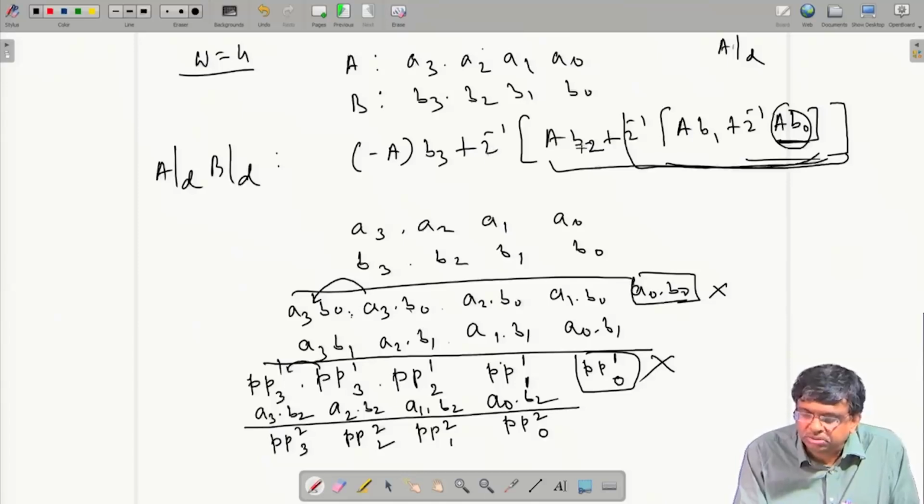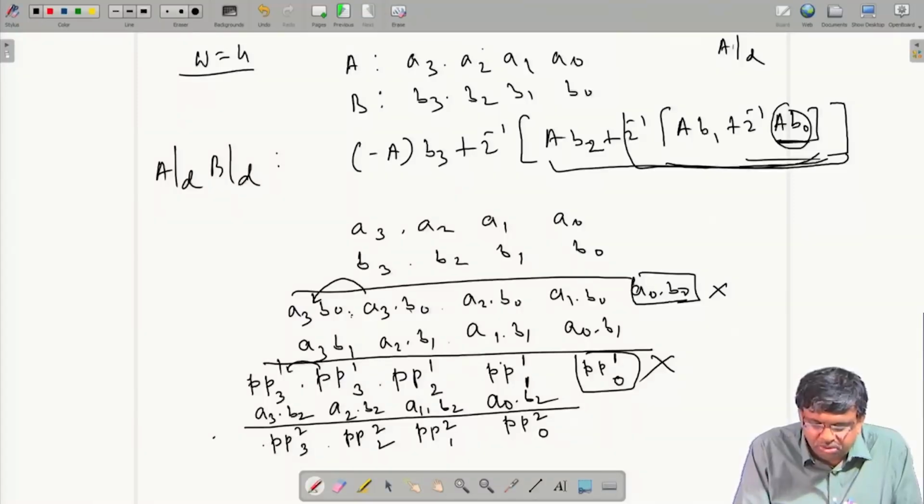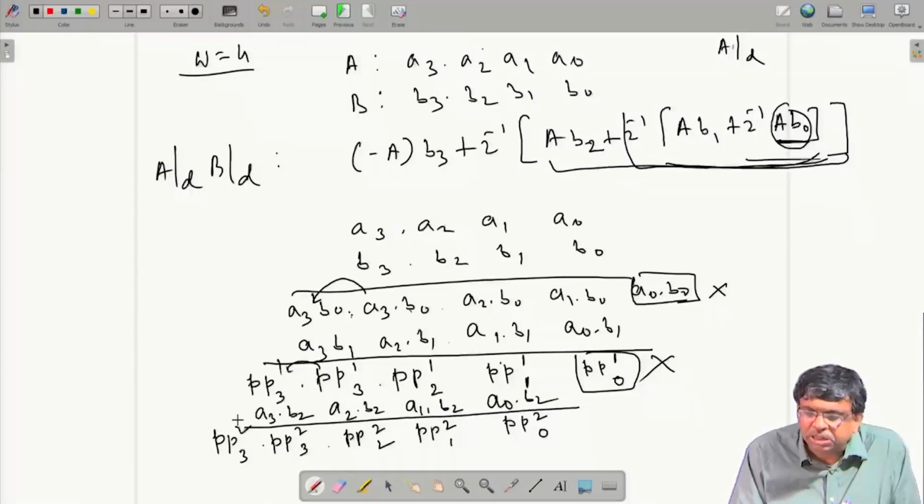And then 2 inverse times that. So, there is a binary point here, instead of shifting everything to the right, I move the binary point to the left as before, and this is PP 3 2, this guy comes here. Unfortunately, I do not have space here.